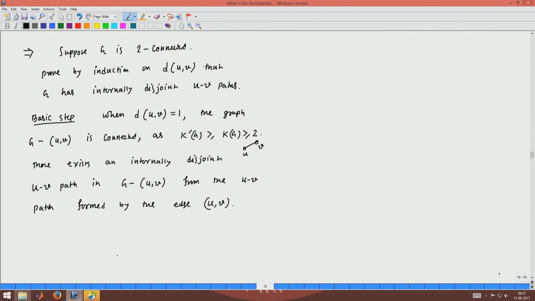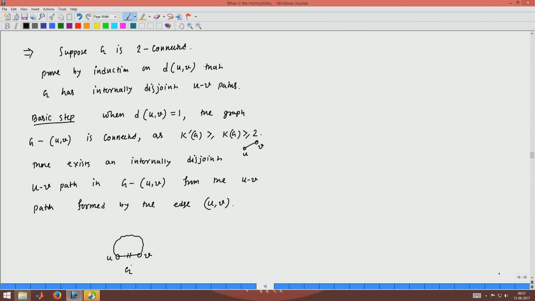So what we proved is that uv is an edge at this moment because the distance is equal to 1, and if I remove this edge from the graph G, there is a path between u and v, because after removing the edge uv the graph still remains connected. That means there is a path between u and v.